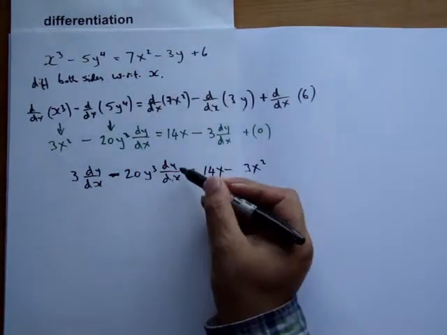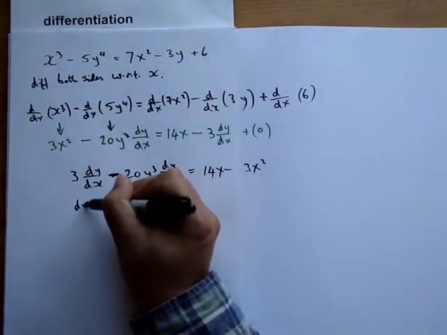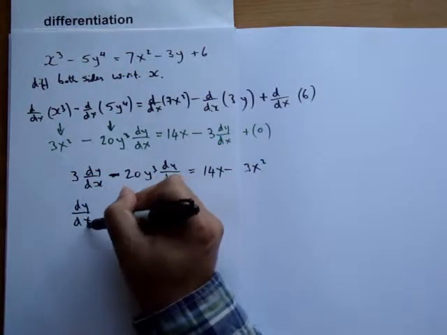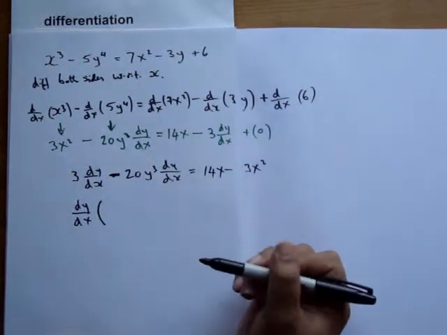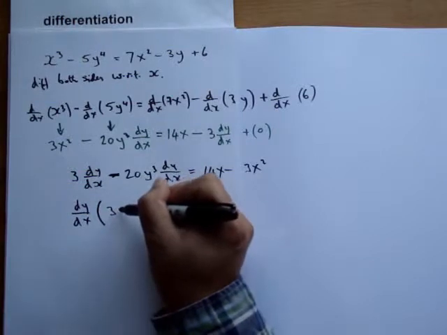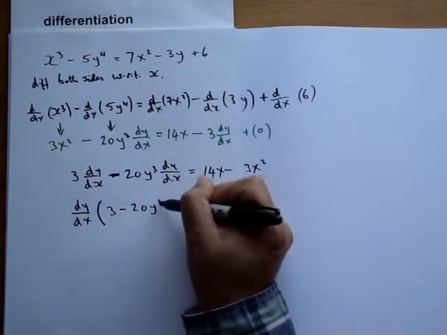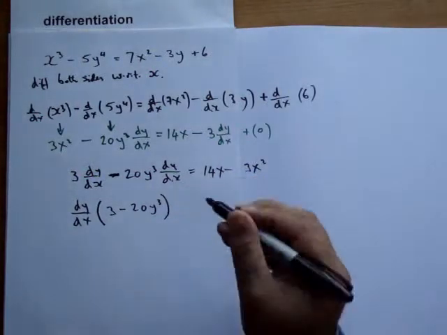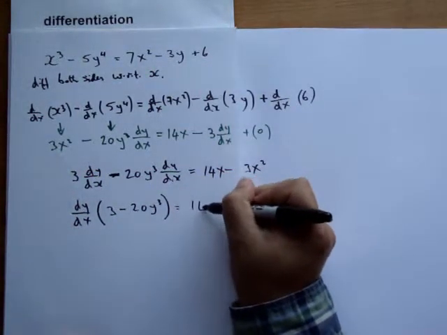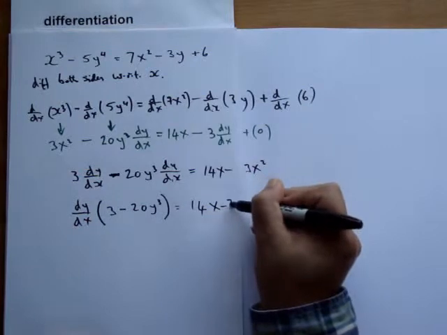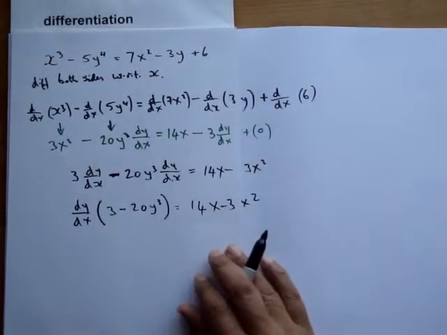Here we can factor out the dy by dx. So we have brackets 3 minus 20y cubed equals 14x minus 3x squared.